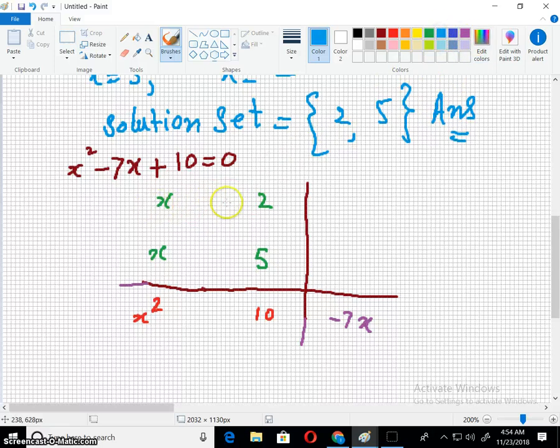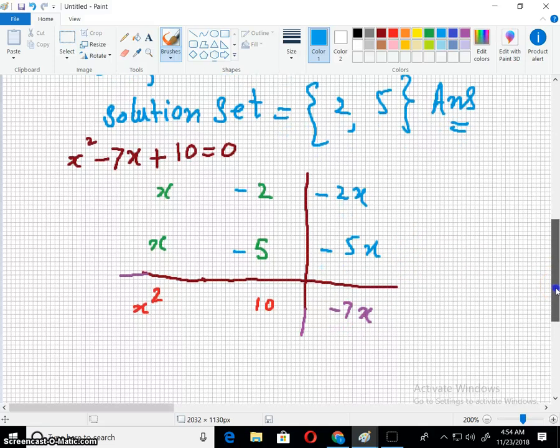For example, x will be multiplied by 2 and I'll get 2x. x will be multiplied by 5 and I'll get 5x. 2x plus 5x produces 7x, but I need negative 7x, so I put a negative sign here and a negative sign here, and when I multiply this number with this number, I get negative 2x. When I multiply x with negative 5, I get negative 5x, and that's it.